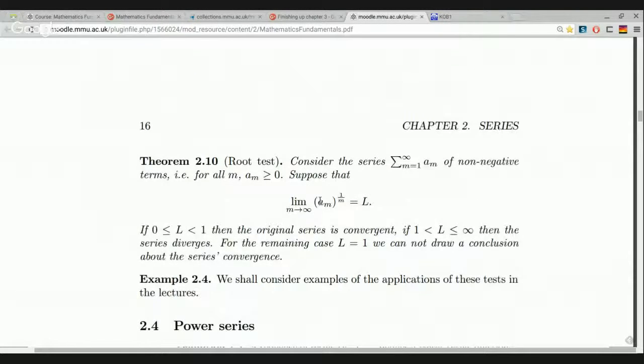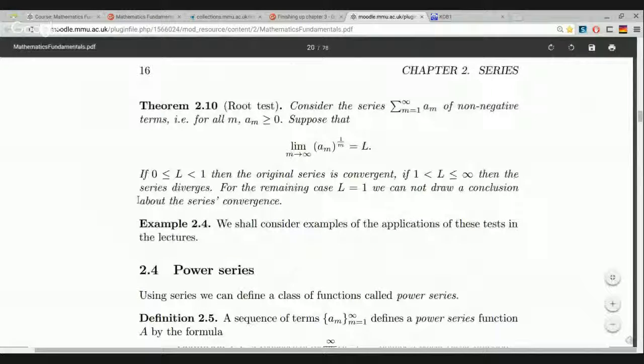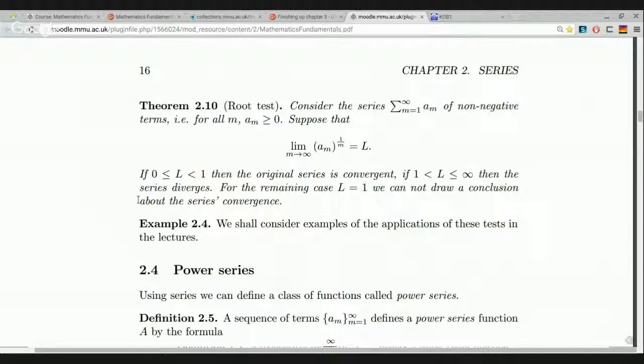The root test, again, compares to the geometric series test, and this operates by taking the nth root of the nth term of the series. So this is appropriate when the terms of the series have the summation index n or some simple function of it appearing in the exponent position of the terms. Okay?